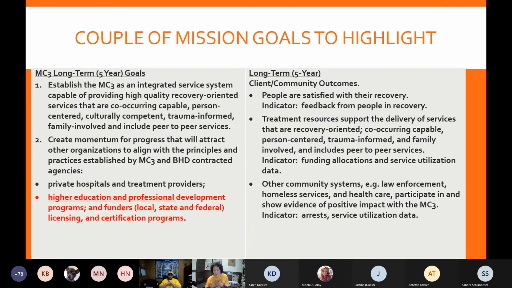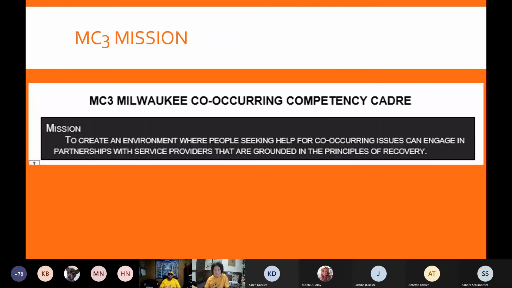So we have a lot of work that's still ahead of us on our long-term goals. Obviously, it's going to take us a little bit longer than 5 years, but I am confident with all the change agents that we are bringing to the table at this point.